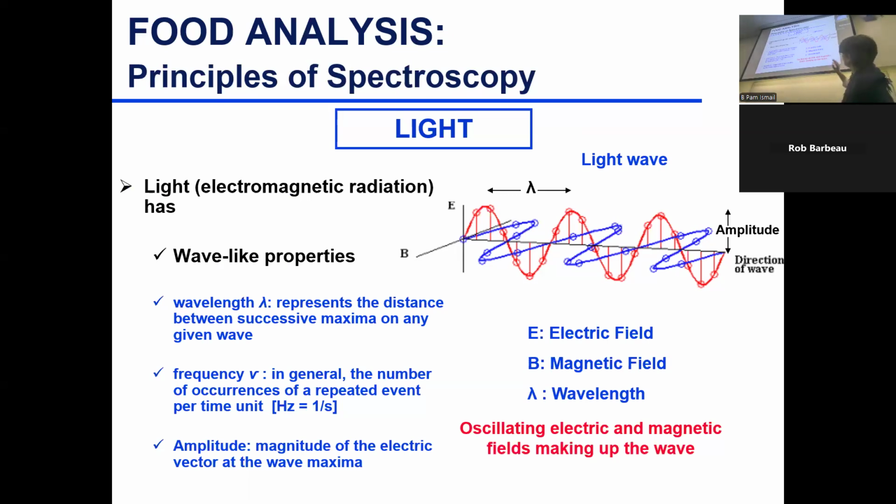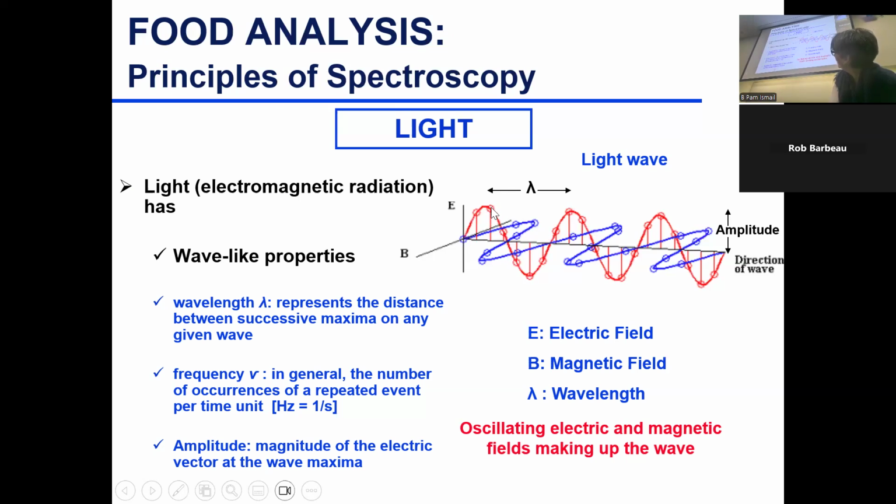When we talk about the light wave, we have an electric field and a magnetic field, and they are a sequence of oscillation. Oscillation is the repetition of similar occurrence.